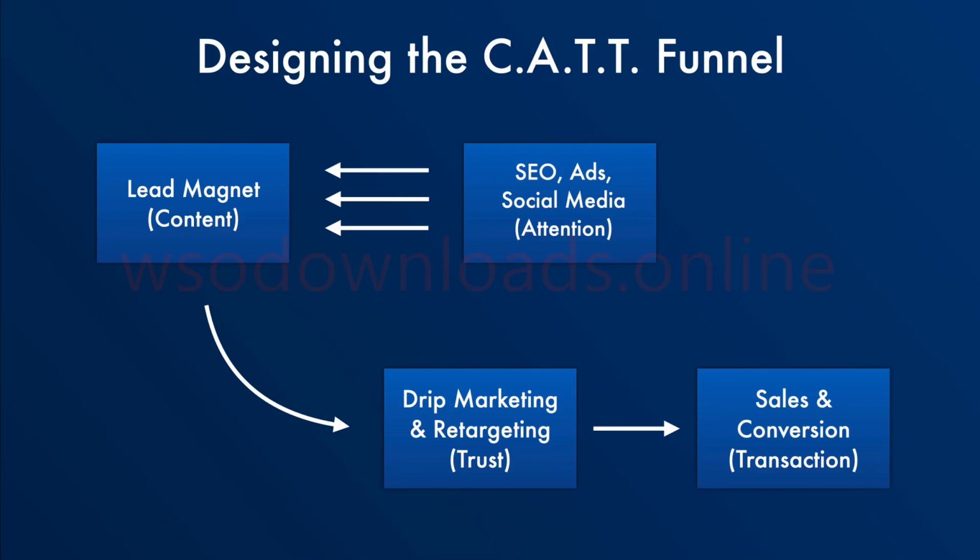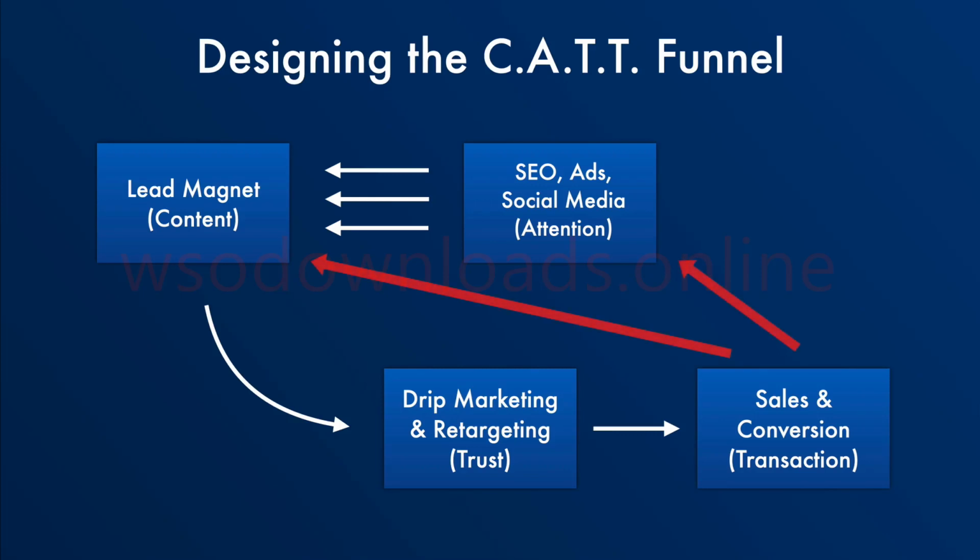And once you have built trust with your leads, then you are going to do the sales and conversion so that they can transact with you. Only when we get into the transaction part will the conversion happen, and that's where the profit comes in. And the profit is going to fund the creation of new content.